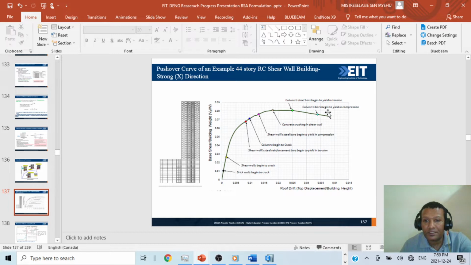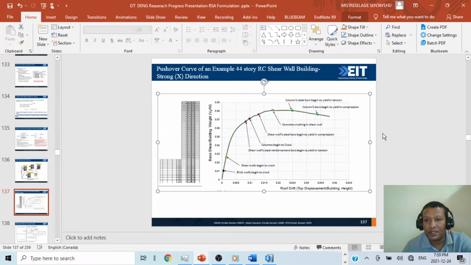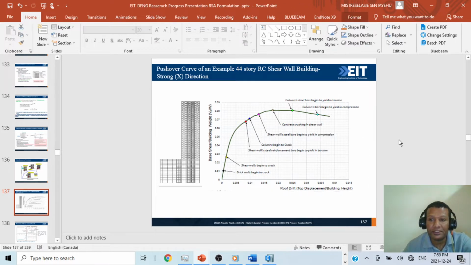Again here column bars begin to yield in compression. So in each step of the push, you can capture which element of your building is affected. That is the beauty of nonlinear, performance-based analysis. It will give us component level, element level performance, not as a whole, and it will give you the progression as well.